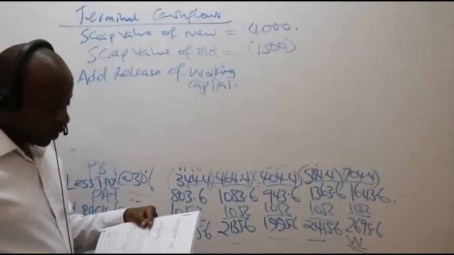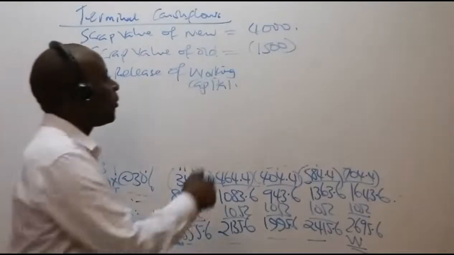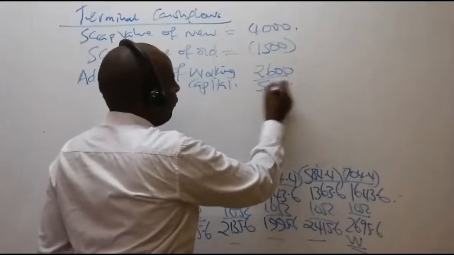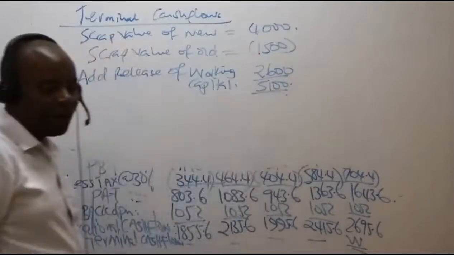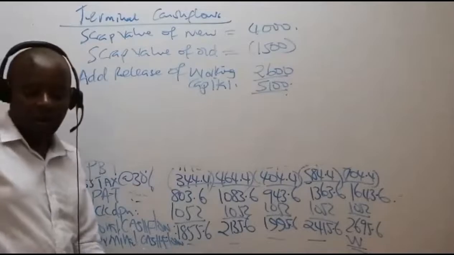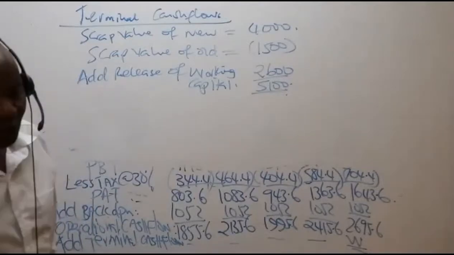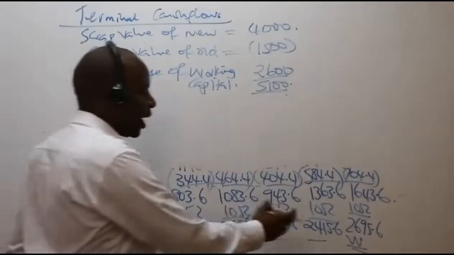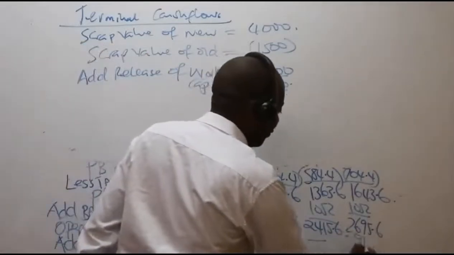The release of the working capital was 2,600. I believe this is how they got their 5,100, which will come at termination. So this is what we put here, 5,100.